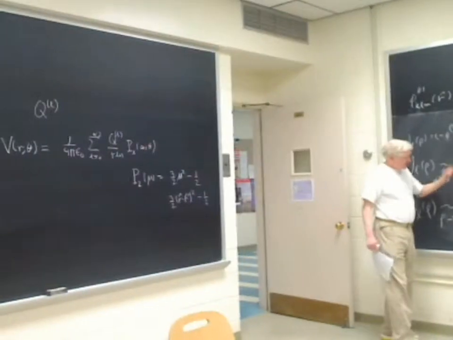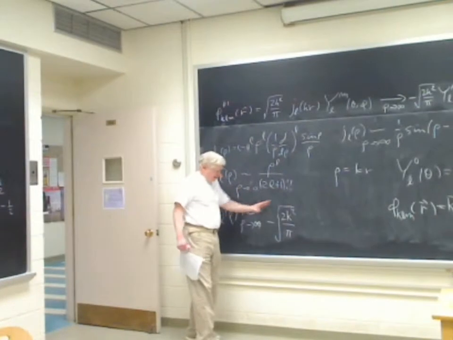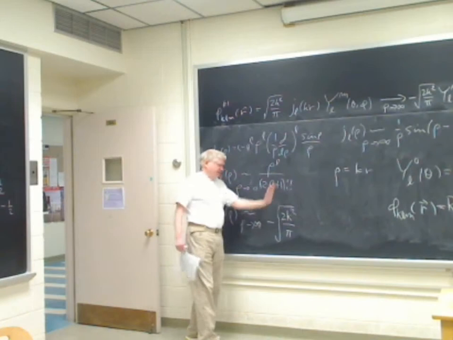J_L goes as rho to the L, and consequently, it takes a while for the spherical partial wave to build up.